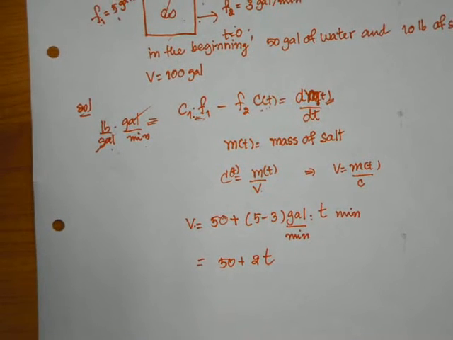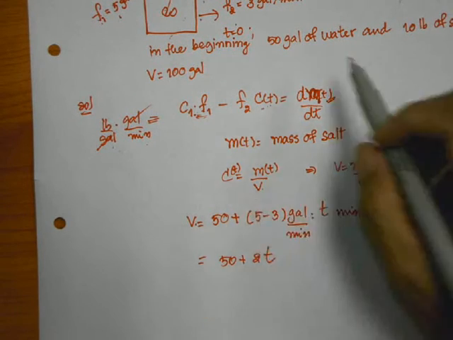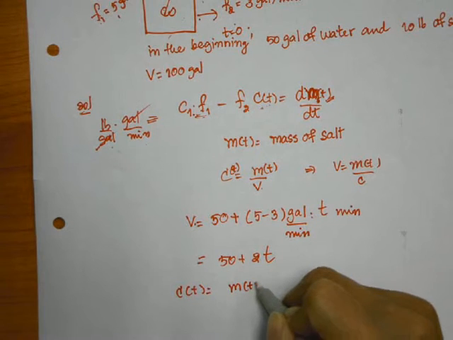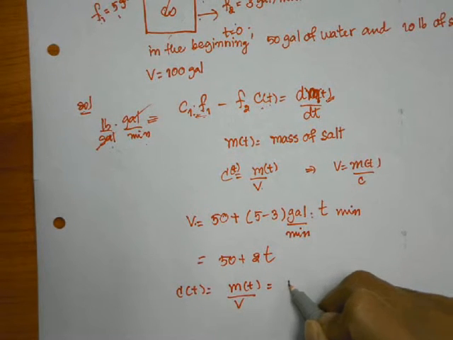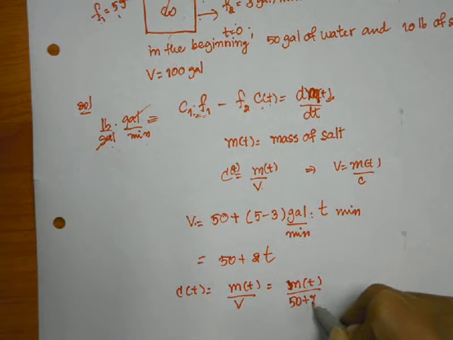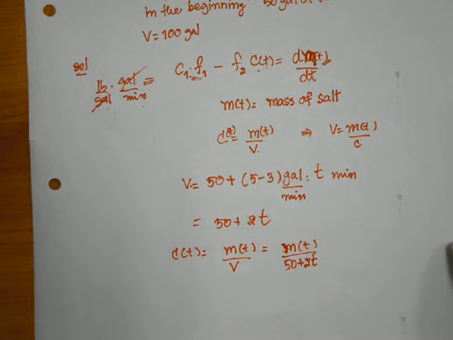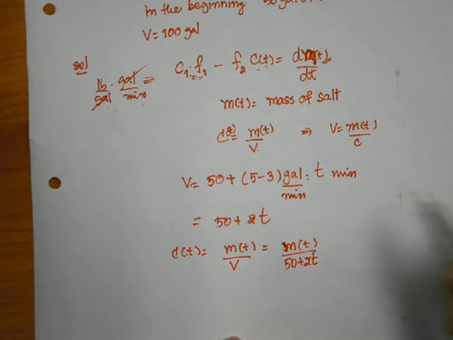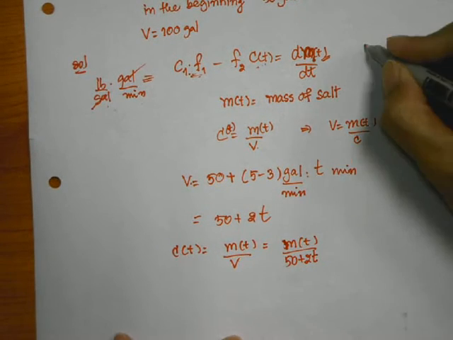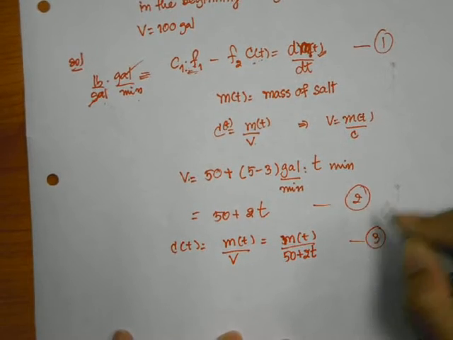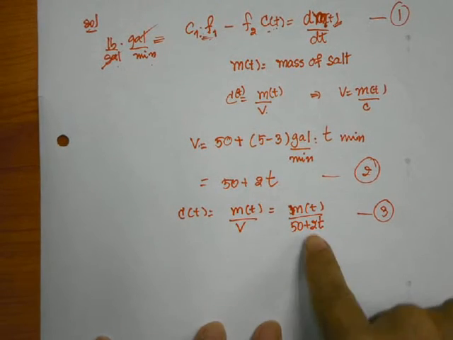Now, from here, we can say that our C(t), which is equal to M(t) over V, is equal to M(t) over 50 plus 2t. Now, this is equation 1, this is equation 2, this is equation 3. We put equation 3 into 1.